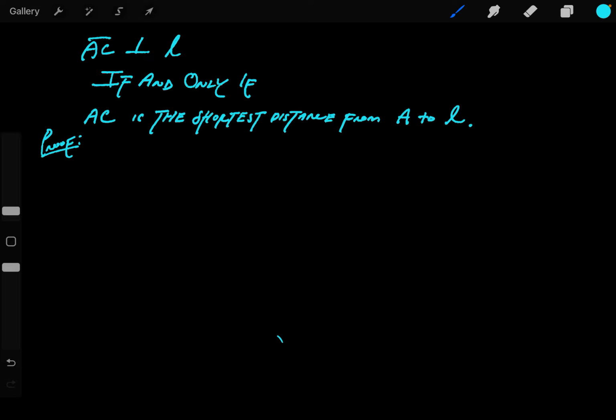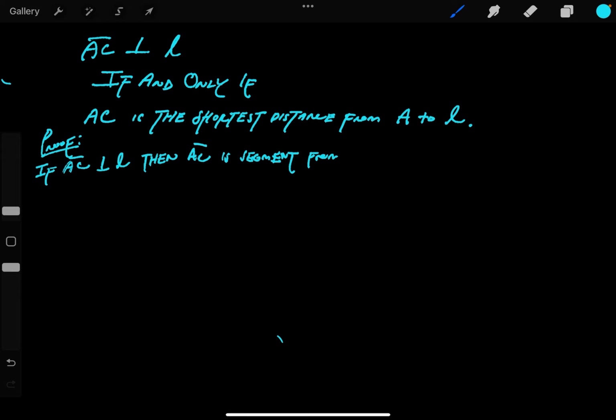So basically I got to say if AC is perpendicular to L, then AC is the shortest distance from A to L, or you could even say AC is the shortest segment from A to line L. Now, what does that look like?